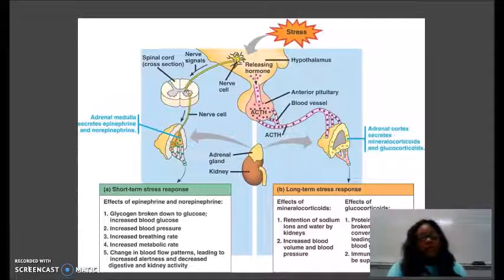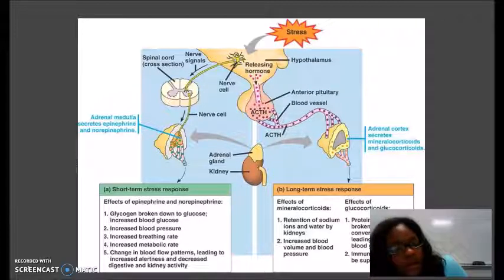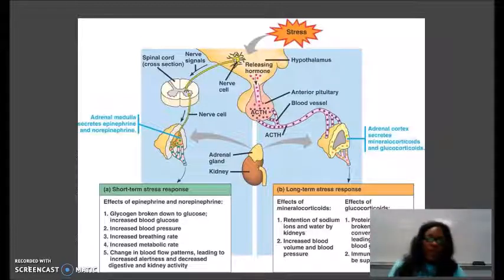The effects of the epinephrine are glycogen breaking down to glucose, increasing blood glucose. It also increases the blood pressure, and it increases the breathing rate. It has a change in blood flow patterns, leading to increased alertness and decreased digestive and kidney activity.